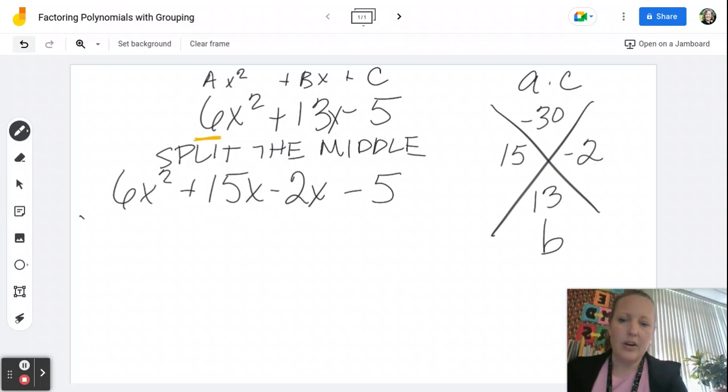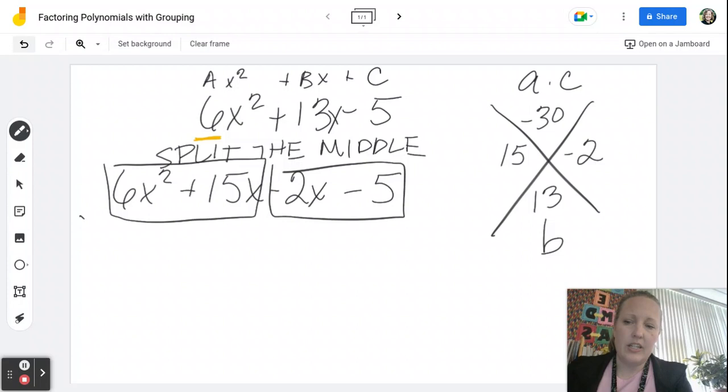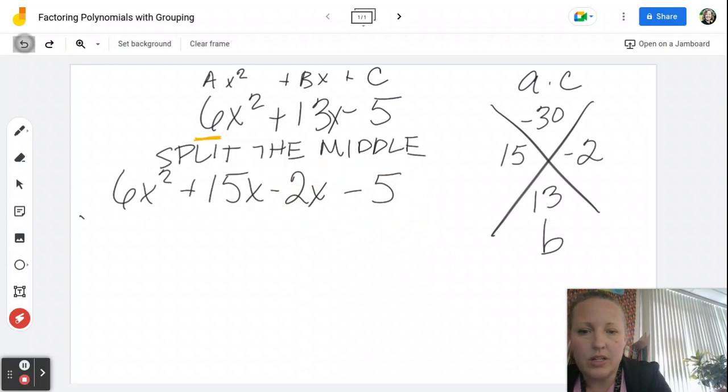Do you see how if I tried to group these right here and here, I can find a greatest common factor in this first term right here. But in this, there are no common factors greater than 1. And that's not what I want to have happen. So I'm going to undo this all the way back here.